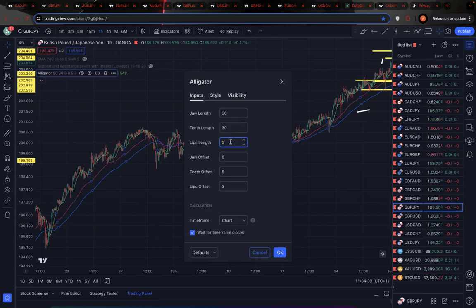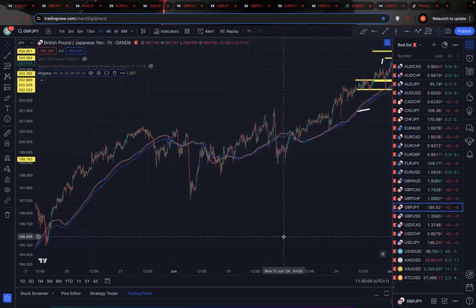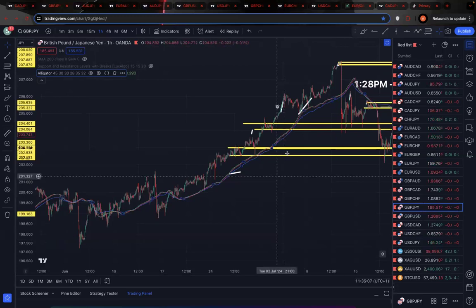Update fast. This goes to like 30 also, and this will be like 30. Let's do this one 28. Let's say this one goes to 35. Let's do lips offset to like 32. Let's reduce this one from 50 to like 45. Okay, all right.